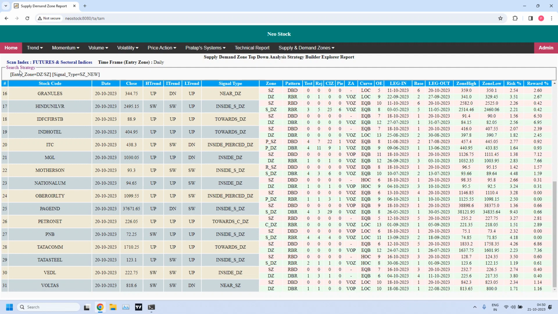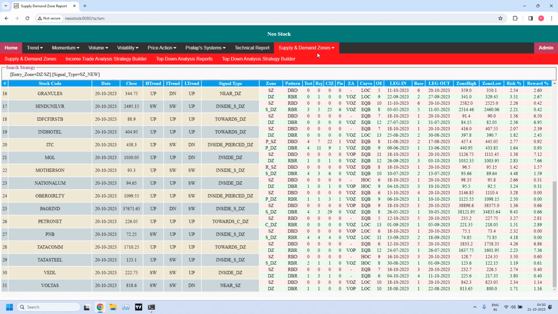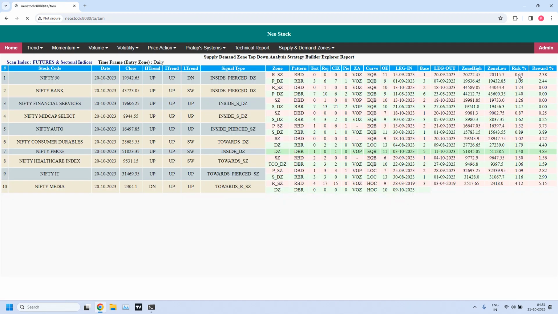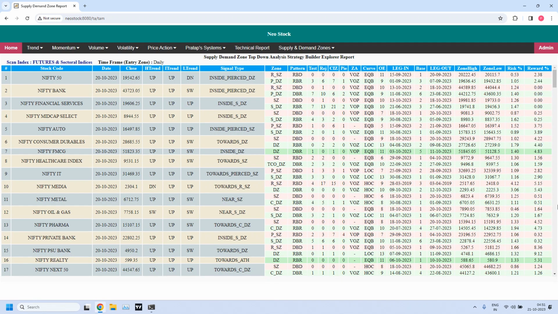So let's go back. Let us generate demand and supply zones for all the stocks for your further reference. Entry time frame daily. So I have generated the total list. I will keep on scrolling this list. Whichever stock you want to refer, please pause the video and you can study the parameters of that stock.